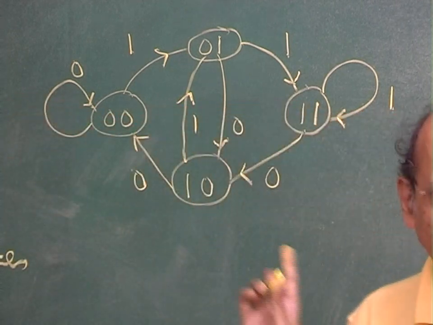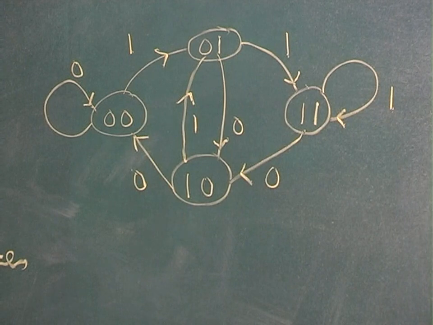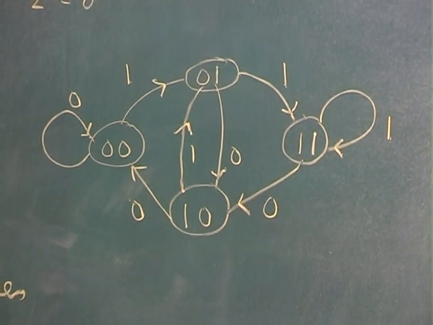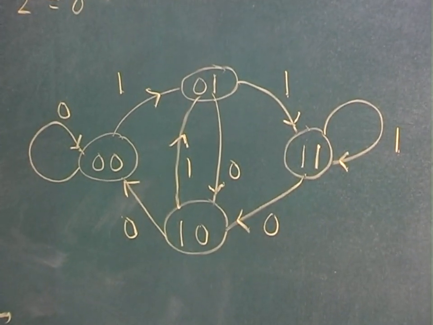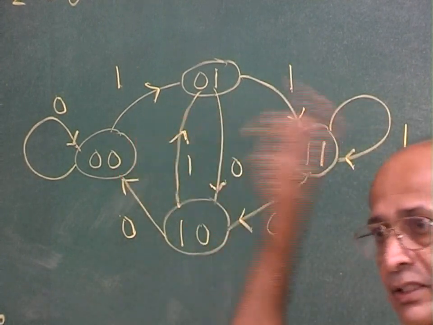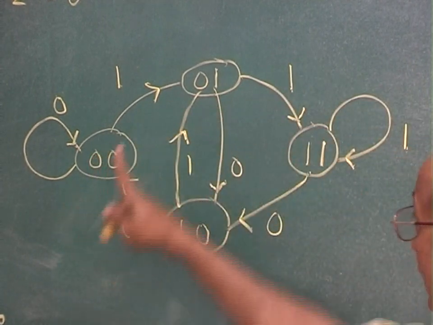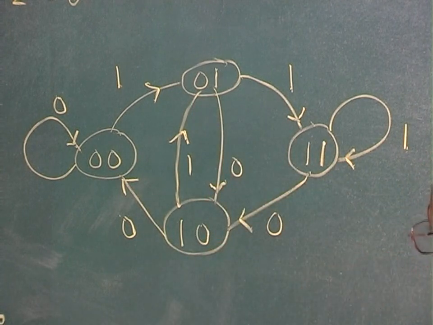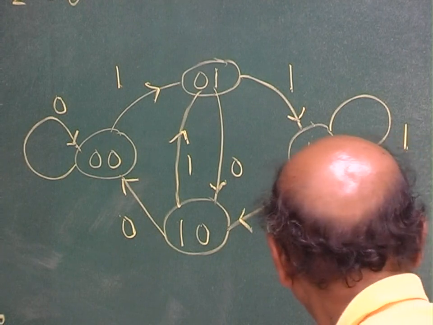Let me tell you what this is. This is a directed graph. It's a directed graph in which vertices are ordered pairs. So there are 4 vertices, all possible ordered pairs.